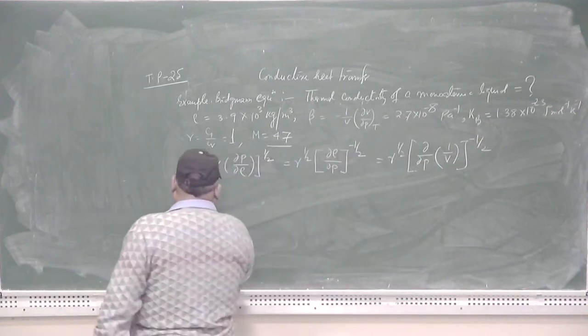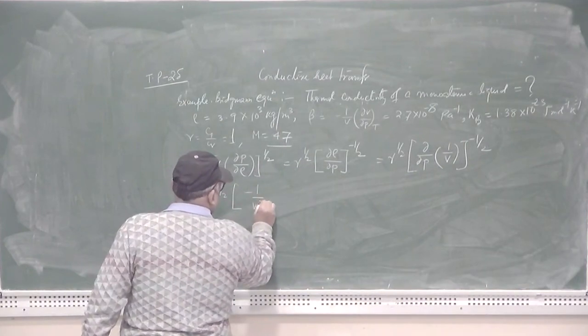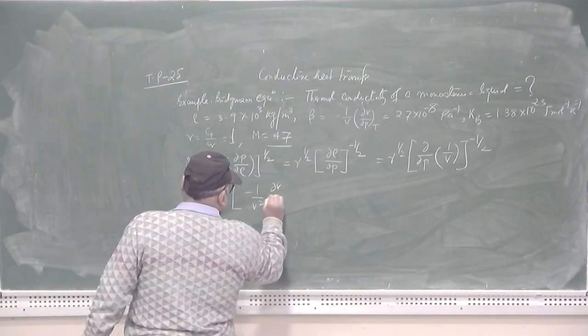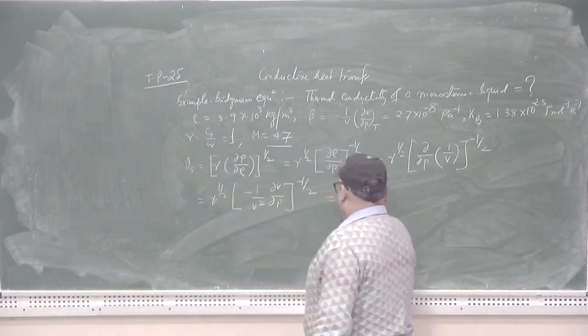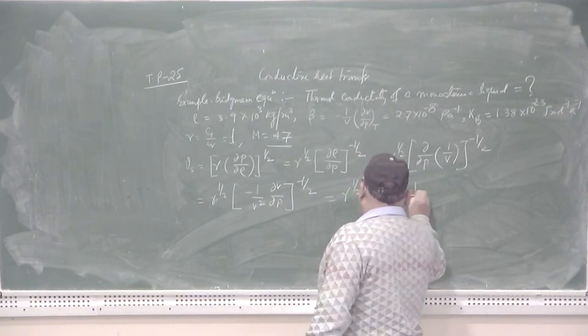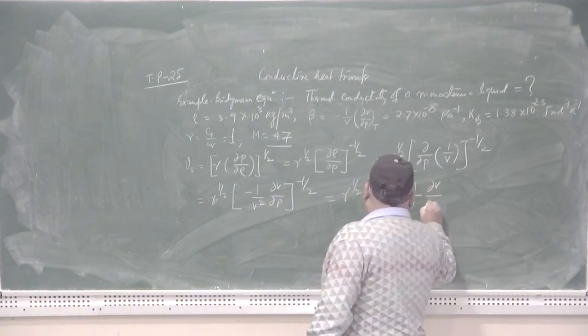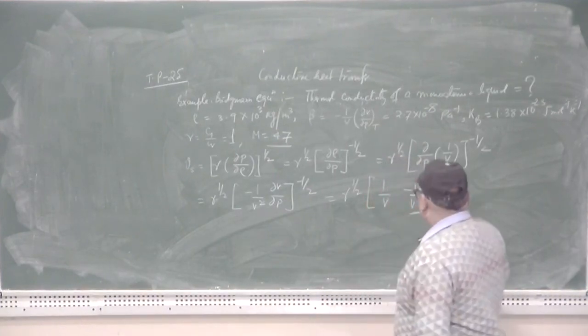It can be further transformed as gamma raised to the power half, minus 1 upon V square, raised to the power minus half. It can be further written as gamma raised to the power half into 1 by V into minus 1 by V delta V by delta P, raised to the power minus half. This quantity is the beta.